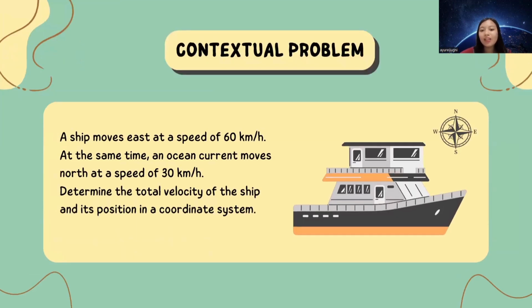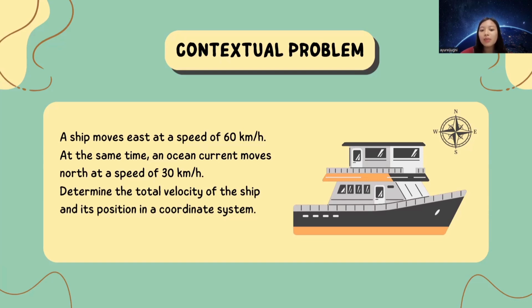Now, let's see a real-life application of vectors. A ship moves at 60 kilometers per hour, while the ocean current moves north at 30 kilometers per hour.